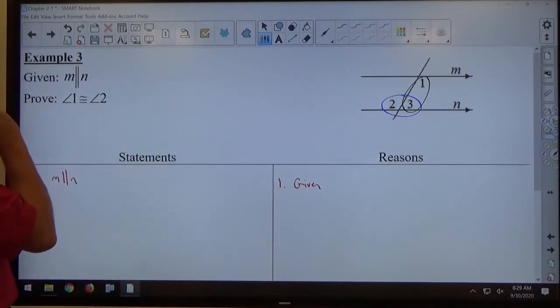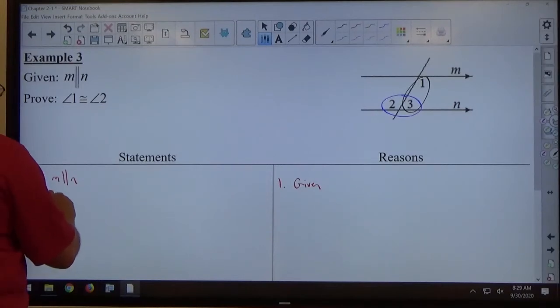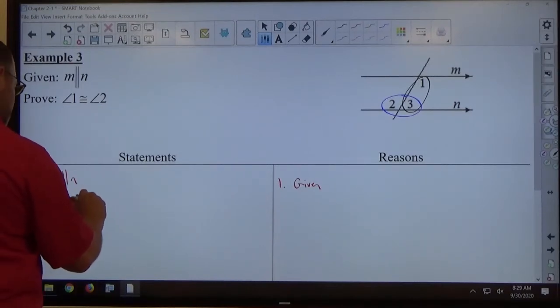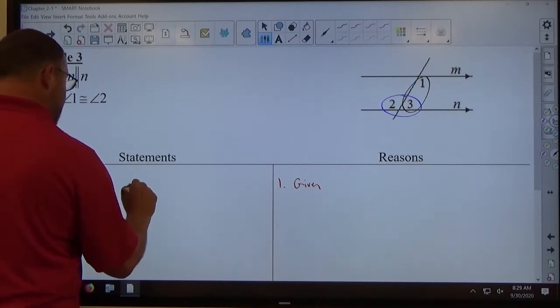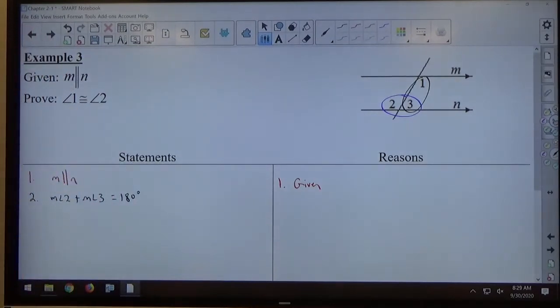So if I start with that fact, for number 2, I'm going to say measure of angle 2 plus measure of angle 3 is equal to 180 degrees. The reason for that is that two angles that form a linear pair add up to 180, or a straight line has 180 degrees in it. One of those things that we've said before.